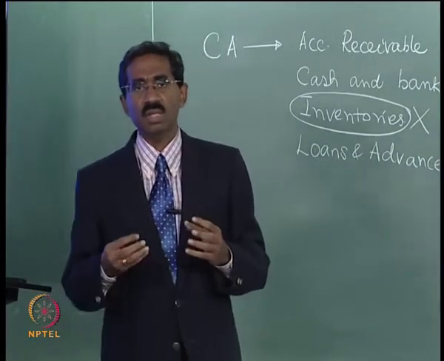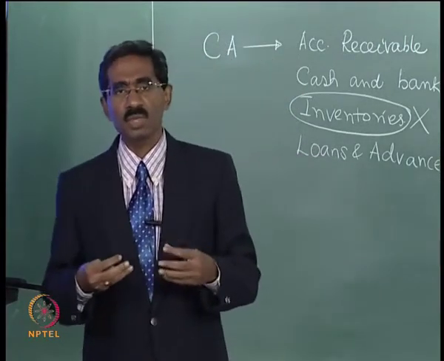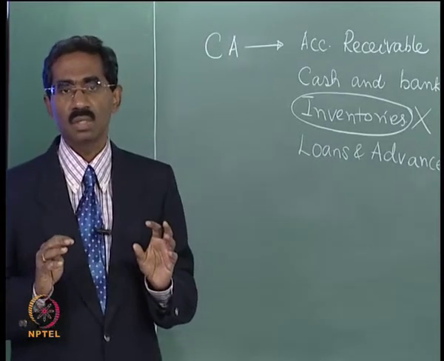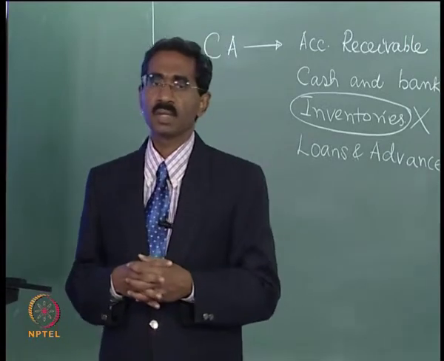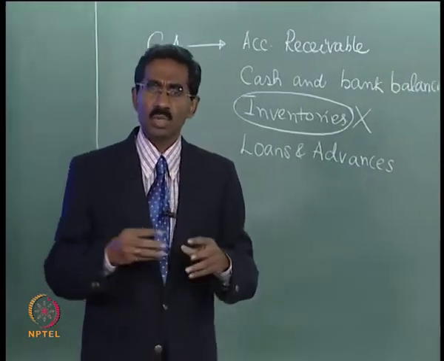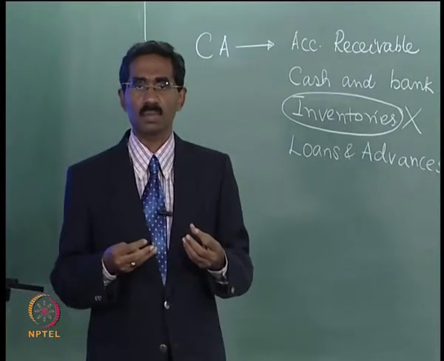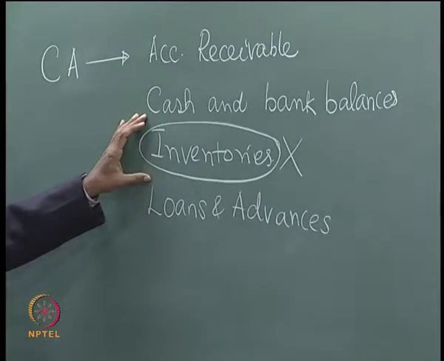Given the fact that in many infrastructure companies the raw material is of a very specialized nature, where we will not have many alternate counterparties who will be willing to purchase those kinds of assets, it is going to be very difficult to liquidate many of these inventories. For example, let us say the case of NTPC.